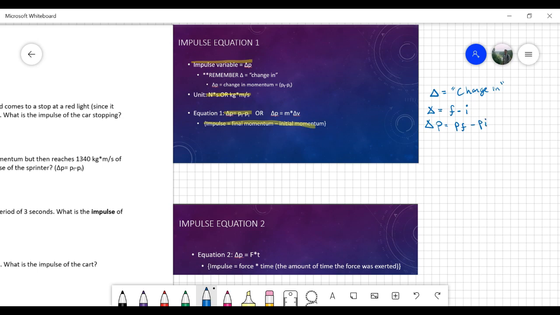Later, you're going to see delta V, which you should think of as V_f minus V_i. We'll get to that equation at the end of the video. Without further ado, let's look at some examples of the equation delta P equals P_f minus P_i.